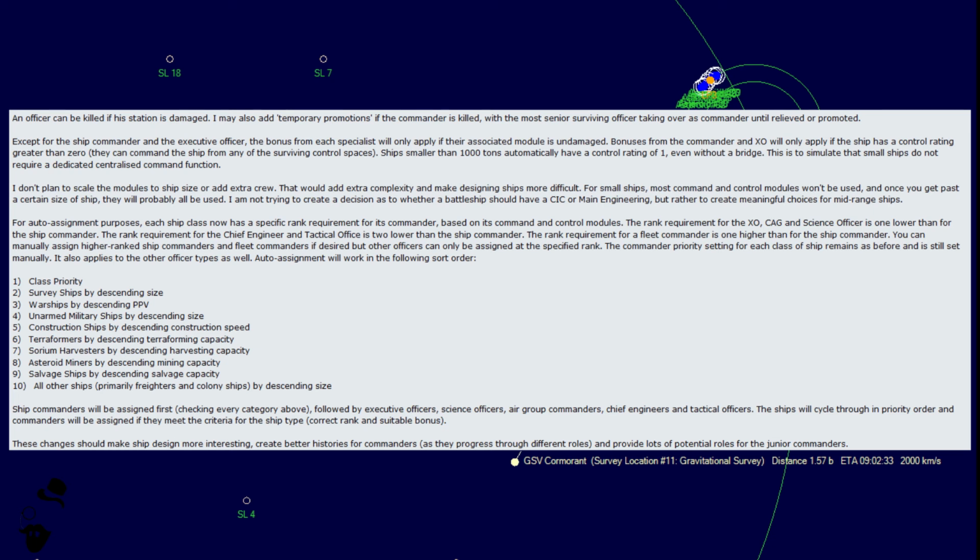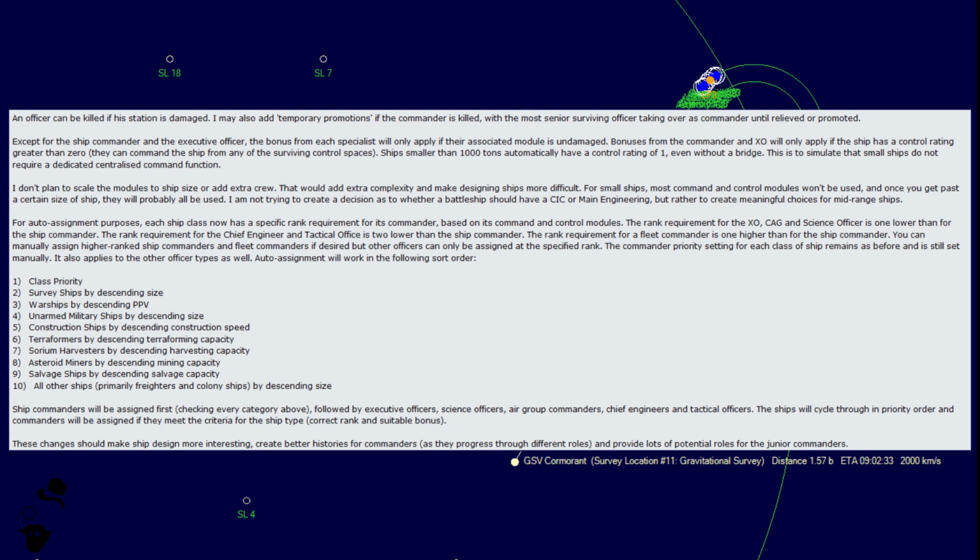Now, the most interesting thing is that commanders are not locked to a role. So any commander can fill any role. What this means is, as he mentions, better histories for commanders. So you would have these new lieutenant commanders coming up, starting in the Navy, who are not going to be high enough rank to command their own ship.